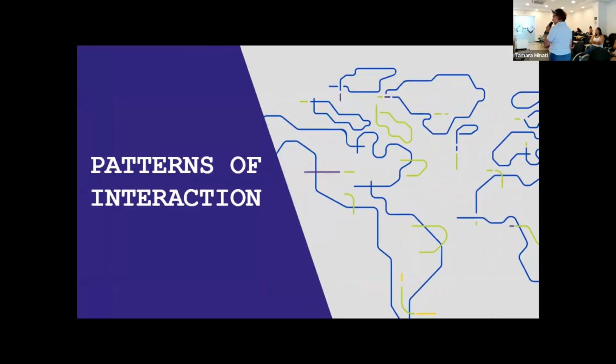We are going to talk today about patterns of interaction. What can you tell me about that? Do you know what patterns of interaction means? What is the idea behind it?